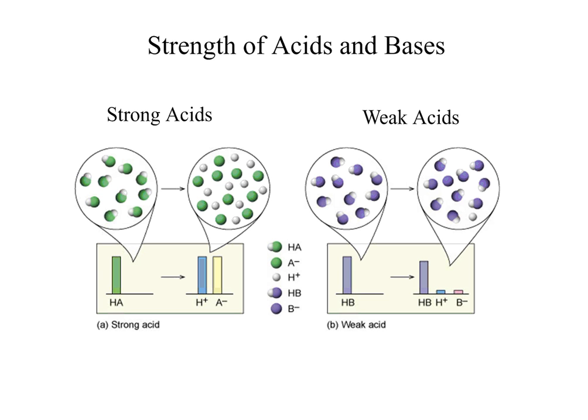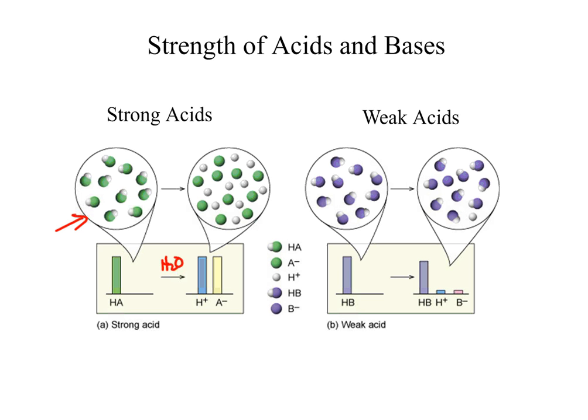So let's take a look at a strong acid versus a weak acid. So here's kind of a depiction of what happens when you put a strong acid into water. Right? So that's our picture over here. When you put it into water, every single one of the hydrogen ions is going to separate from the anion that's present there.